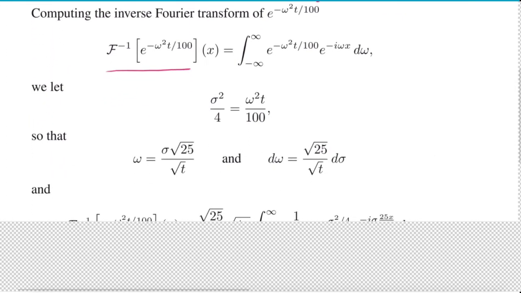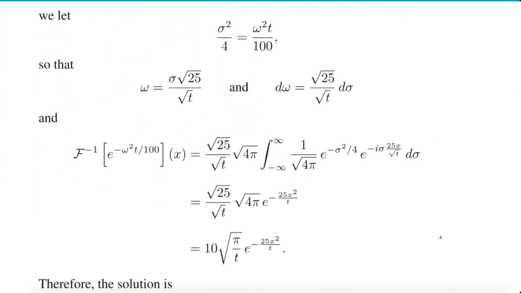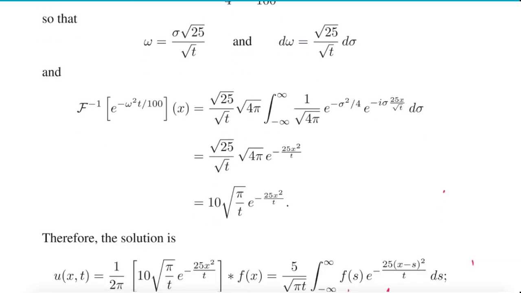It uses substitution and integration by parts, but we also did this in the previous video in one of the lemmas. And so the first step becomes 10 root of pi over t e to the minus 25x squared divided by t. So I would just say see the previous video where we have done this explicitly as well.